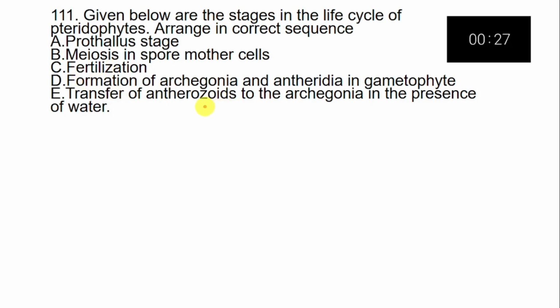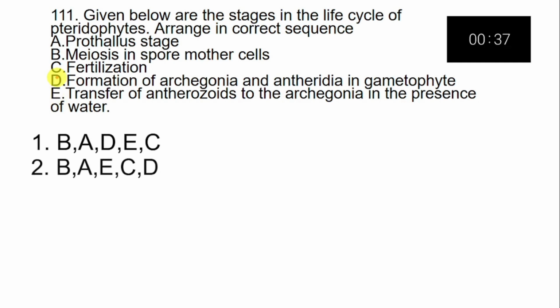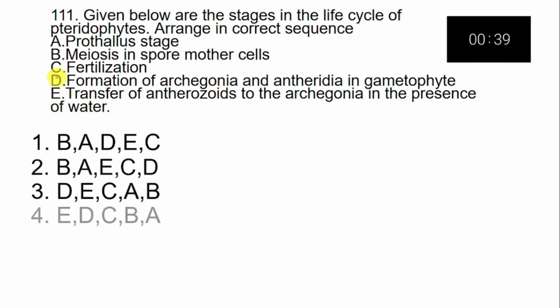So that will be formation of archegonia followed by transfer of antherozoids and then fertilization, DEC. This sequence is seen in 1 and 3. So the question is whether BA will come before DEC or after DEC.